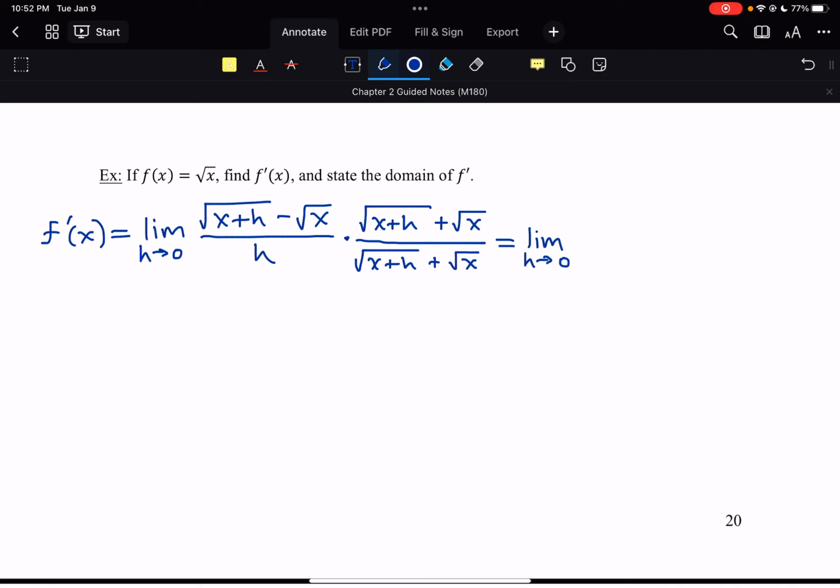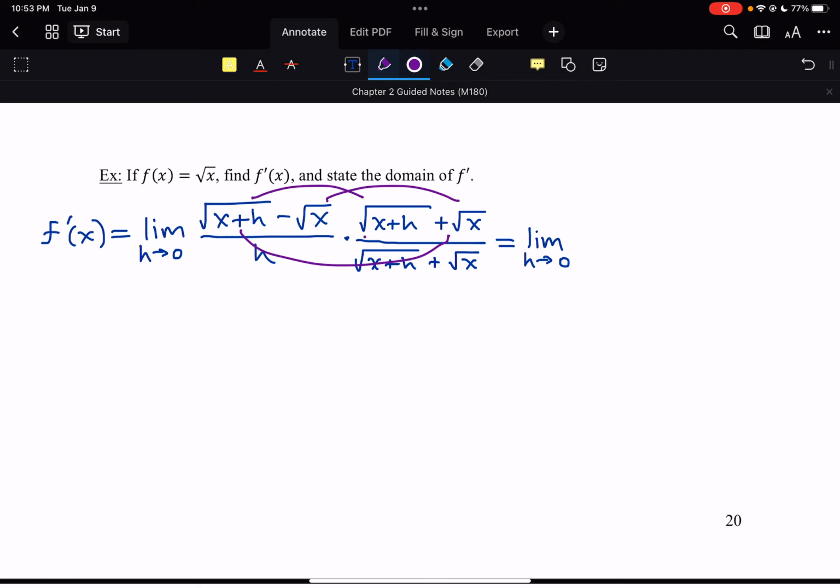The whole purpose of the conjugate is that when you multiply this out, so you do first, outer, inner, last, like that, when you FOIL this out, the first is going to give us x plus h proper, right? Because the square roots will square and then they'll cancel. The last will give us the minus just x, right? Rad x times rad x.